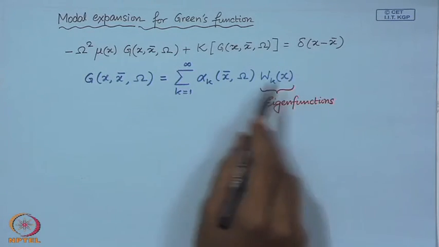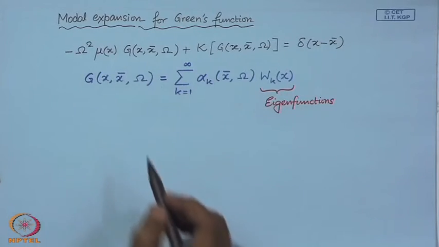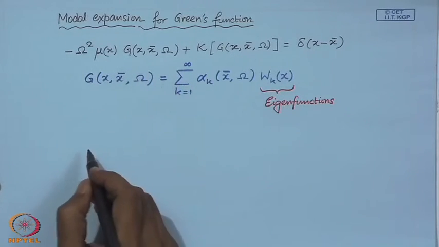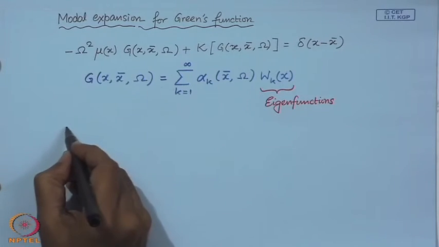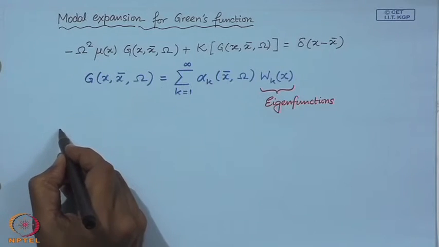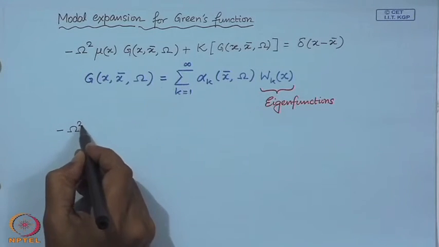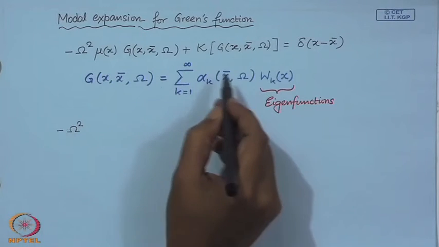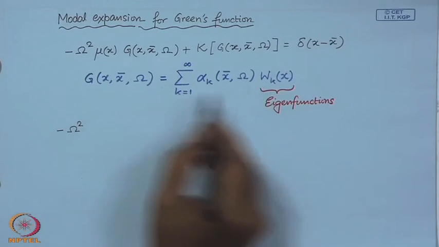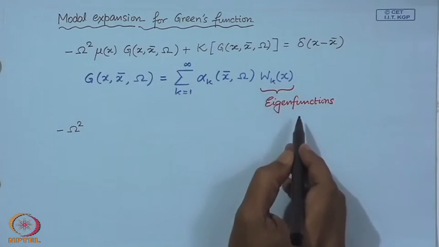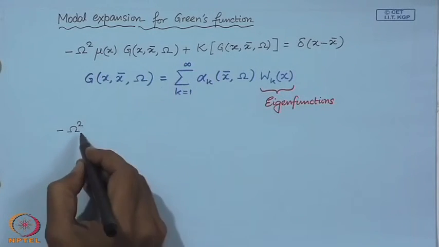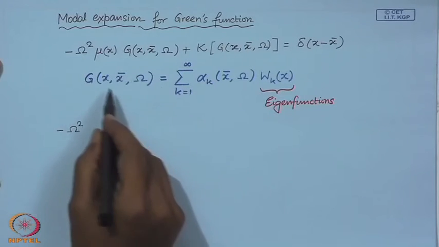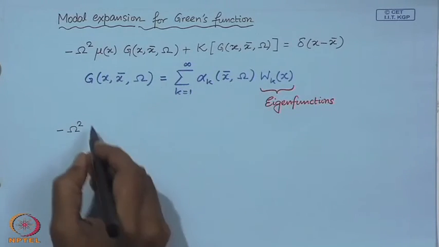So, if you substitute this expansion in the differential equation of the boundary value problem, and remember that these eigenfunctions already satisfy the boundary conditions, therefore the Green's function is also guaranteed to satisfy the boundary conditions of the problem.